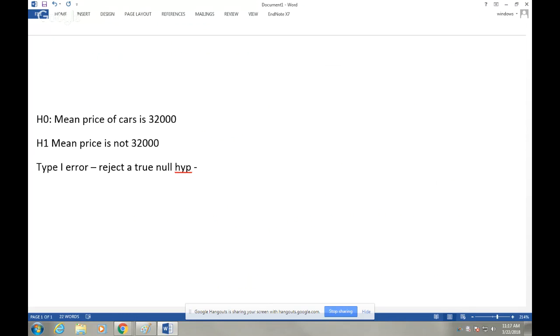So what does that mean? It means that the reality is what, in terms of the price of cars? The mean is 32,000. But we conclude what? That it's not.